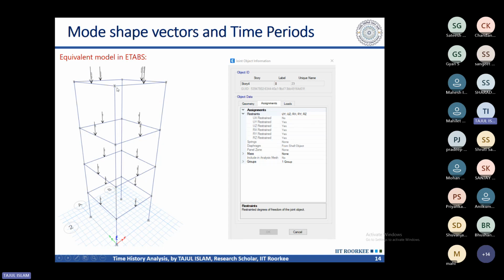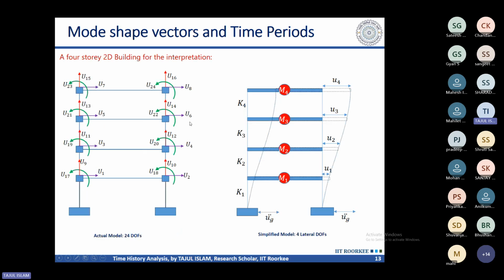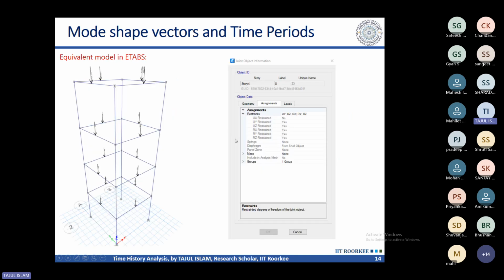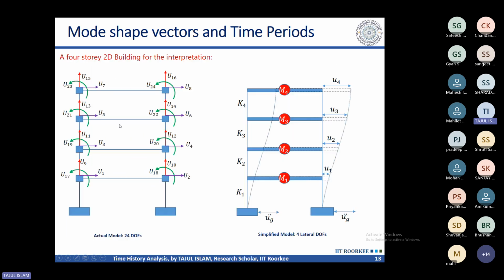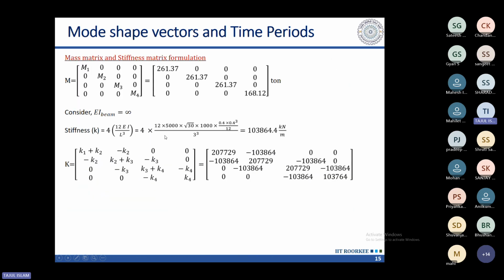All the degrees of freedom should be unrestrained. And for any kind of structure with any number of stories, any number of bays, the same concept will be applicable, but this parameter will not be 12EI/L^3. If you take an actual structure and then apply 12EI/L^3, your result will be wrong, because in that case your stiffness will be different.